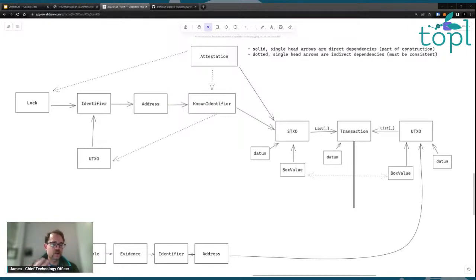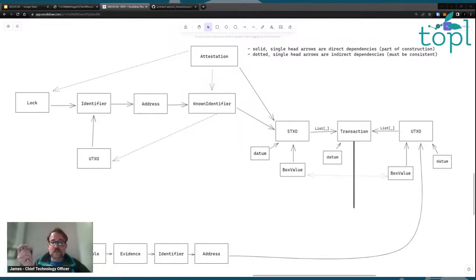An identifier is just what I call the tagged evidence. It's really just a hash. It's a unique, one-time, consumable thing. That's what an identifier is.